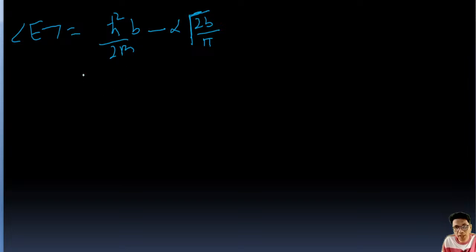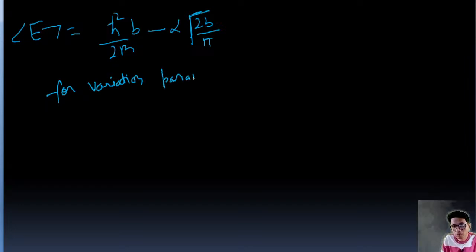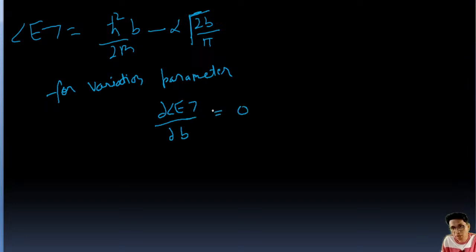We are using the variational principle, right? The parameter is b. So for finding the variational parameter, del E upon del b, the derivative of the energy with respect to b, is going to be 0.